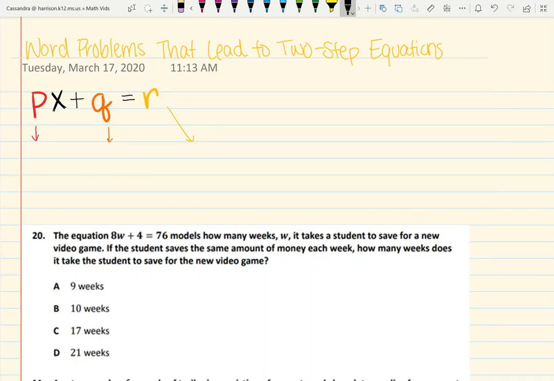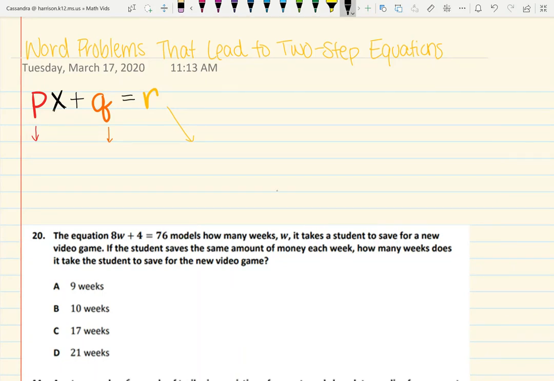And they'll tell you in the word problem, they will specifically tell you the variable is how many weeks, like down here, how many weeks, W. They're telling you W is the number of weeks. They'll also usually restate it in the question, how many weeks? Again, they're asking you about the weeks. So the unknown variable must represent weeks. So that's the first thing that's important to identify: what is your variable.